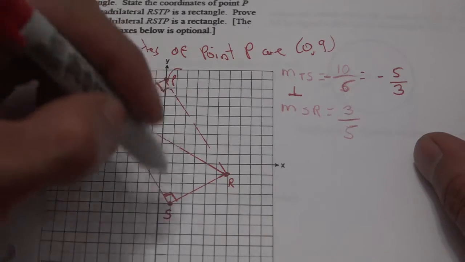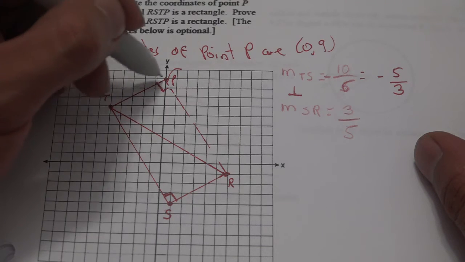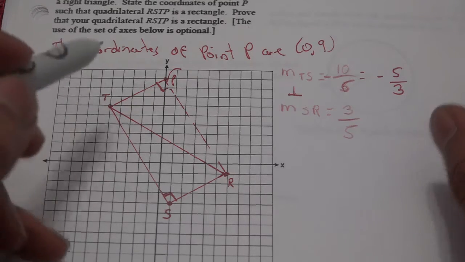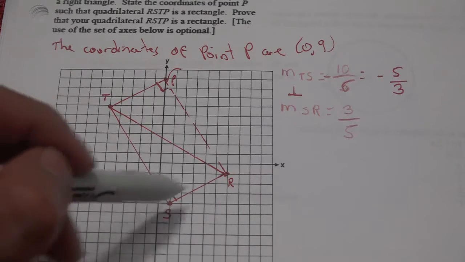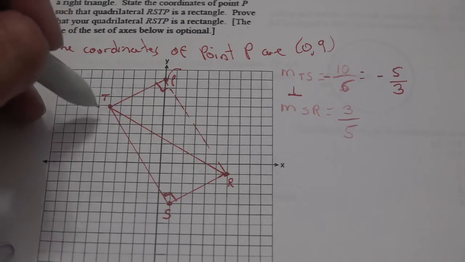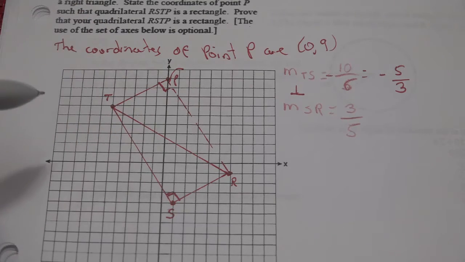To make them parallel. And now, since ST and SR have opposite reciprocal slopes, then TP and PR have to have opposite reciprocal slopes.